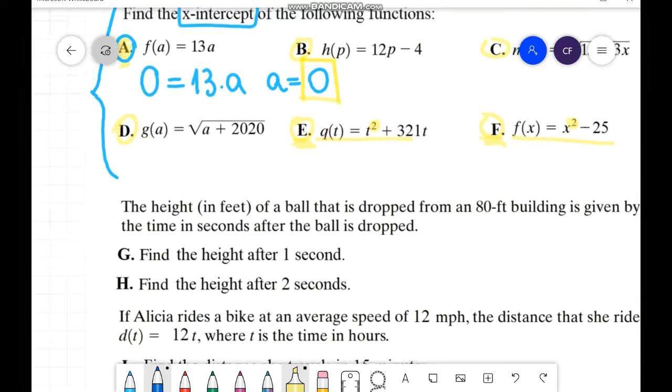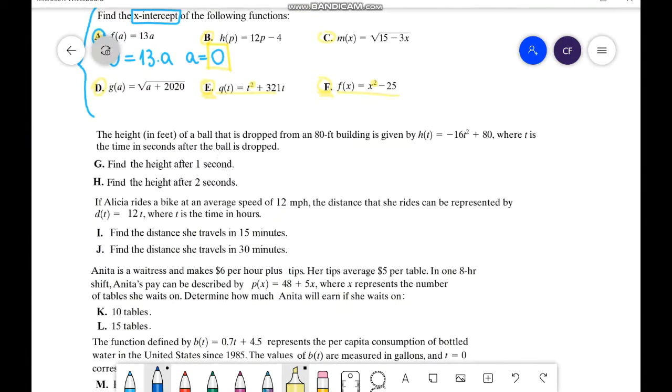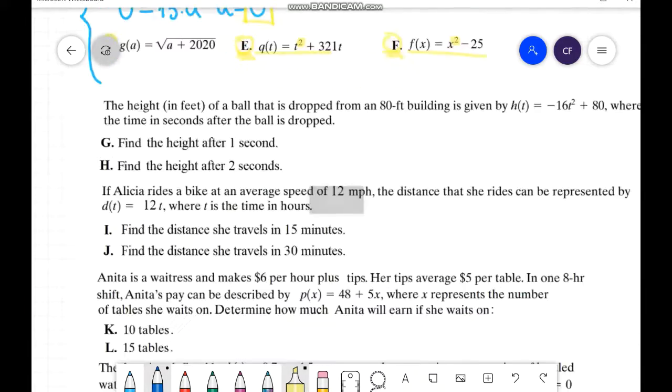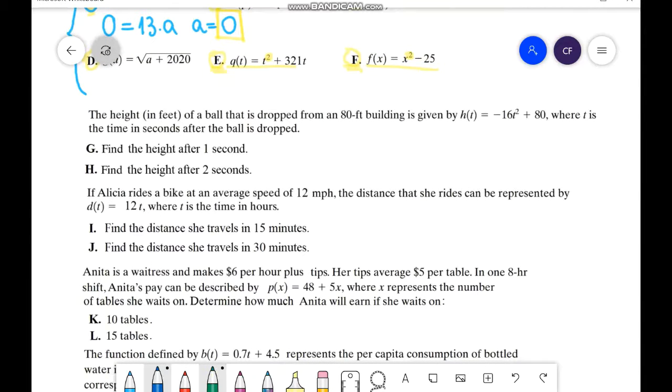Now the second part, let me show you the second part here. For the second part, you're going to have applications of functions, several applications. Let me read the first one.